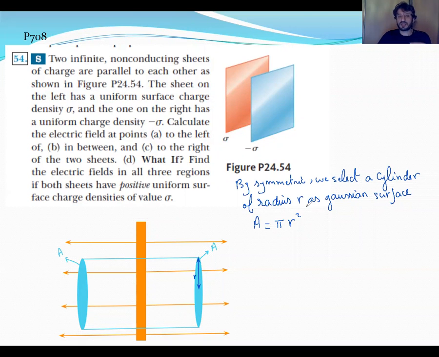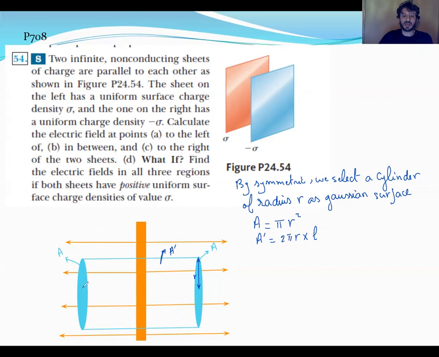And the lateral side has area A prime, which equals 2 pi r times L, where L is the length of the cylinder.